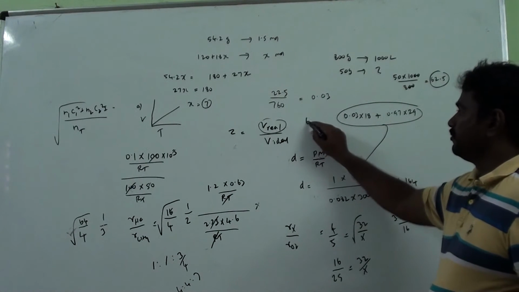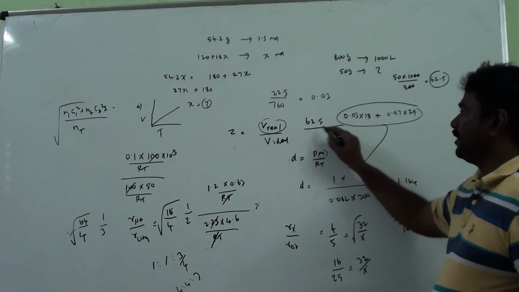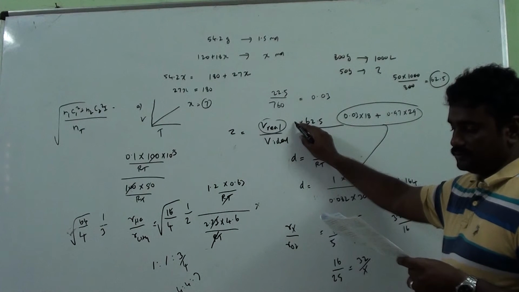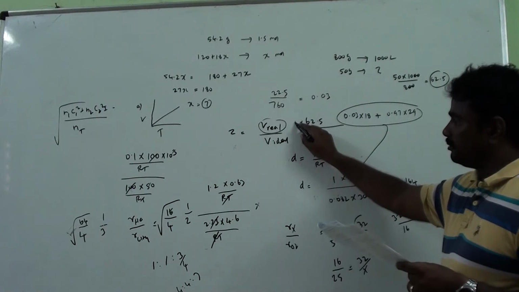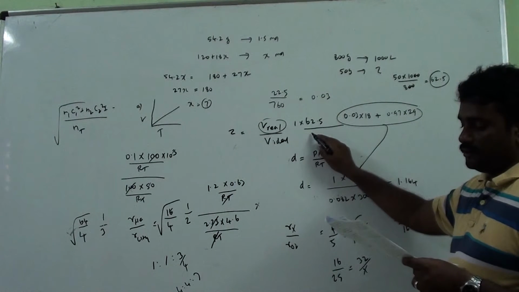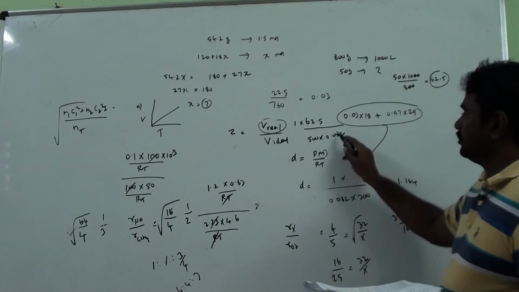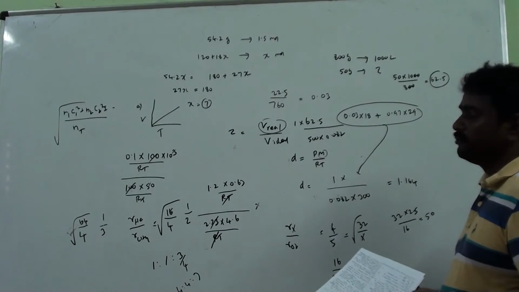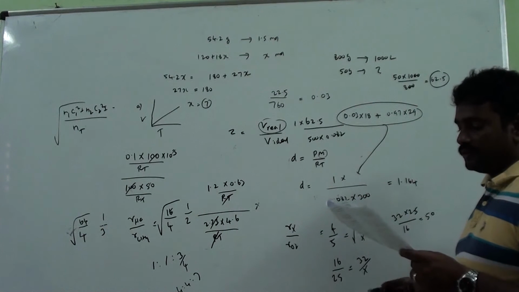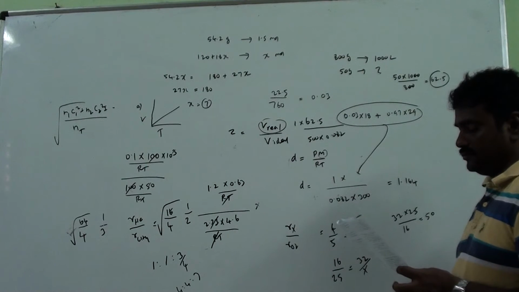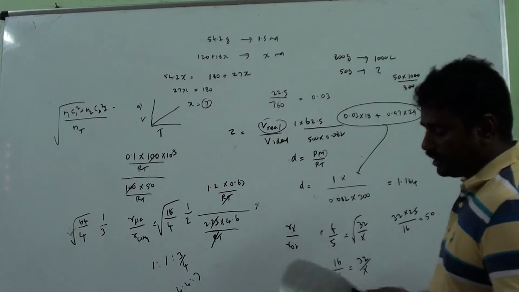So 62.5 by ideal volume. Ideal volume is RT by P, with pressure given as 1 atmosphere. So 500 into 0.08, what's coming? This is some 41 point something. So 62.5 by 41 is about 1.5. So C is the answer, 16th.